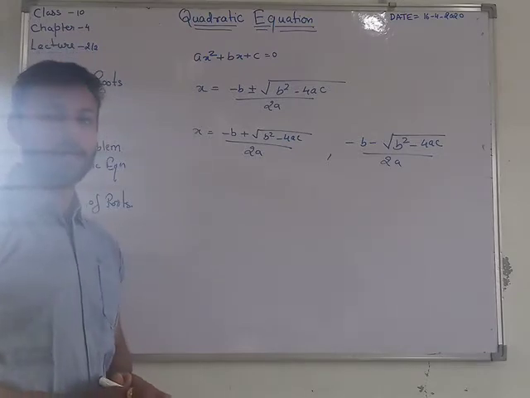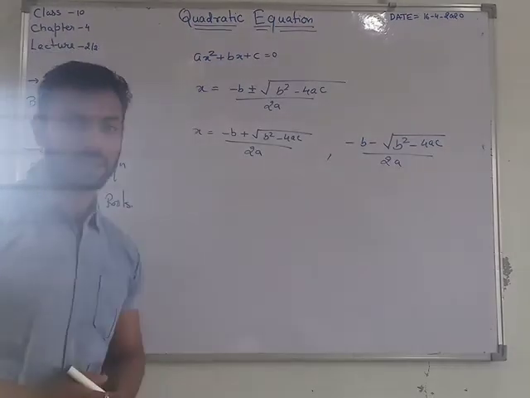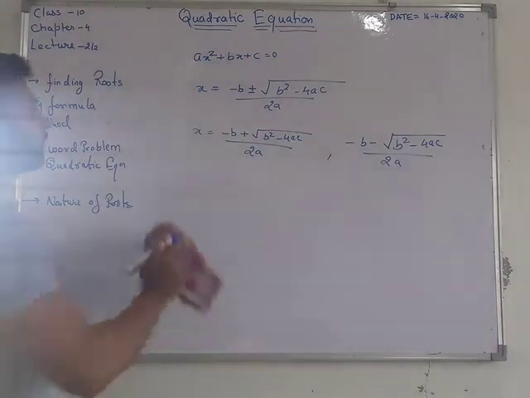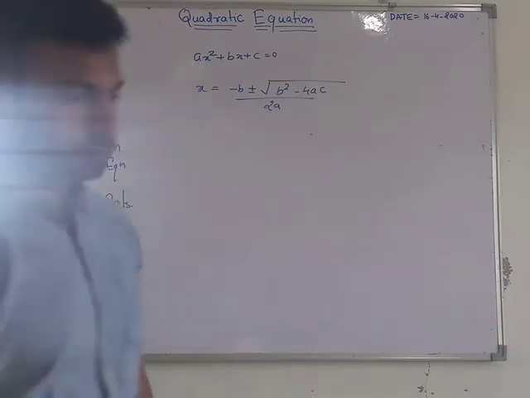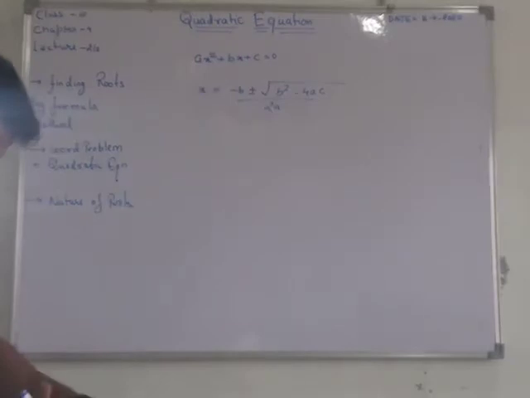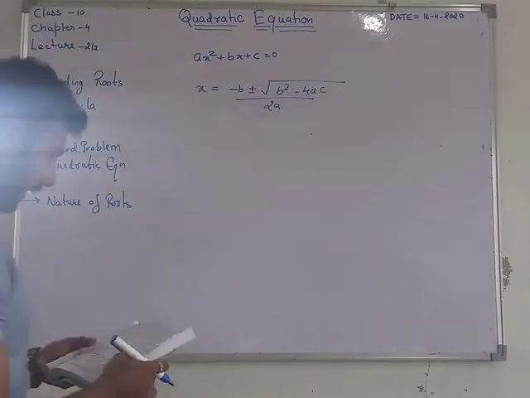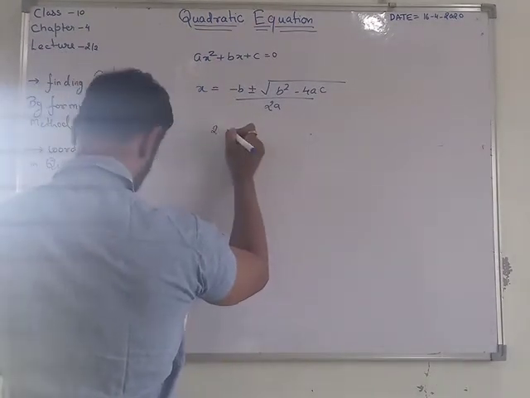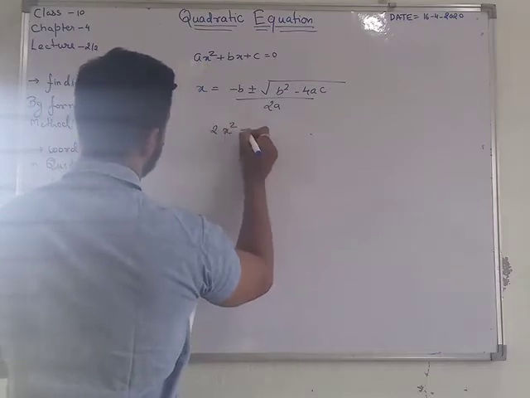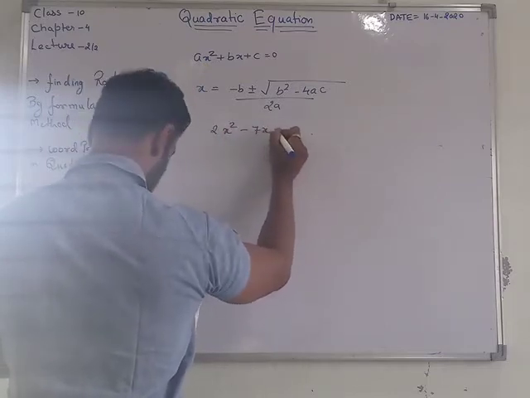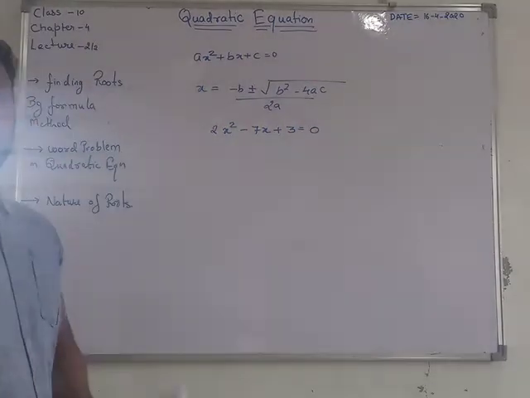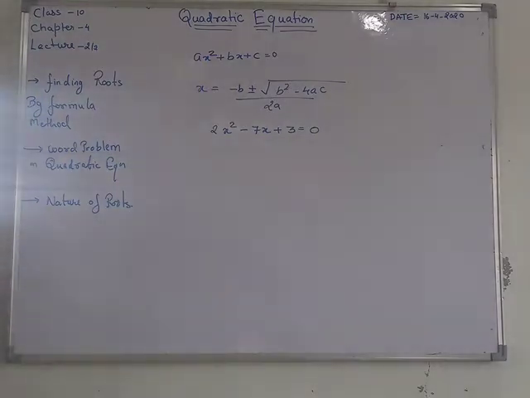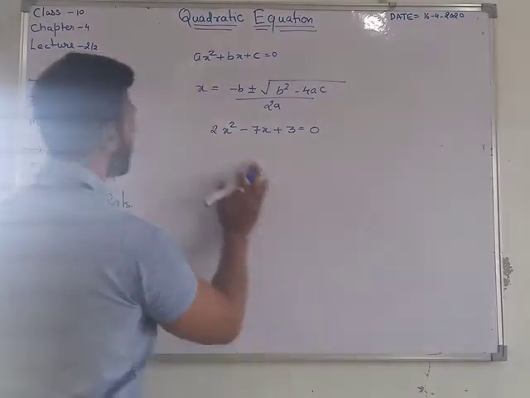Let us take an example to see how we can solve this with the formula method. We have the quadratic equation 2x square minus 7x plus 3 is equal to 0.